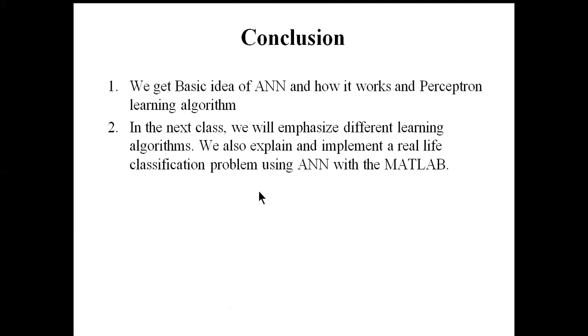Coming to the conclusion section, what we learned in this tutorial class is the basic idea of artificial neural network, as it is inspired from the biological neuron. Initially we understood the structure of the biological neuron of the human brain.